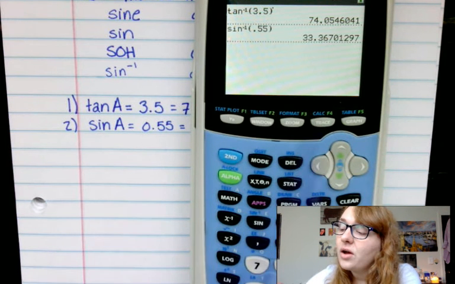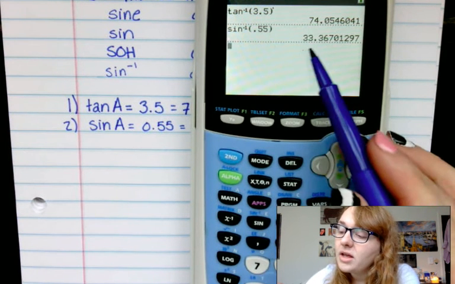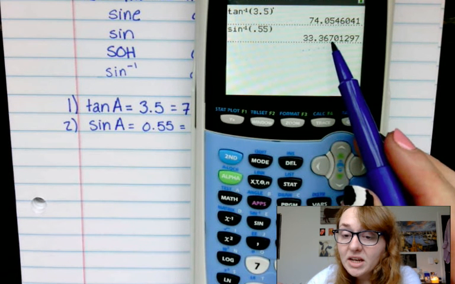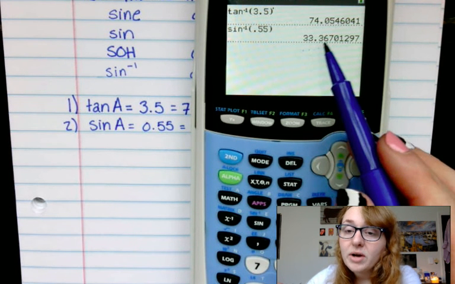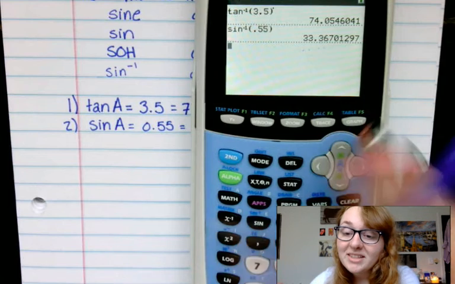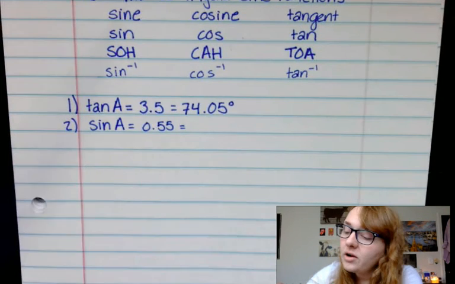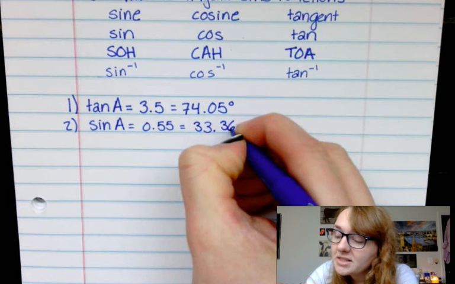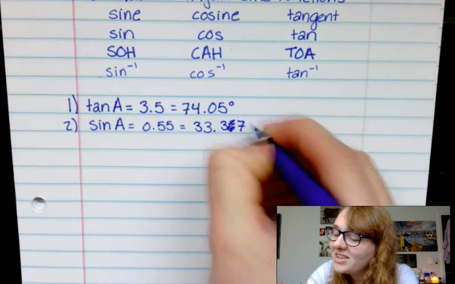And we can see here we get 33.36, then we have a 7 here, which is greater than 5. So we're actually going to round up this 6 to a 7. All right, so we have 33.37 degrees.